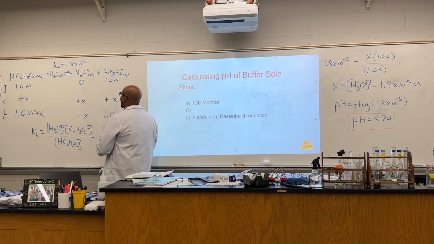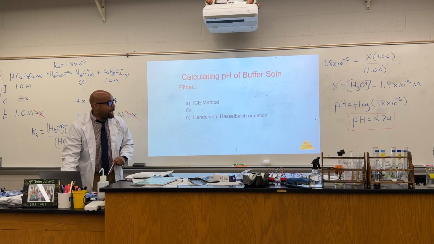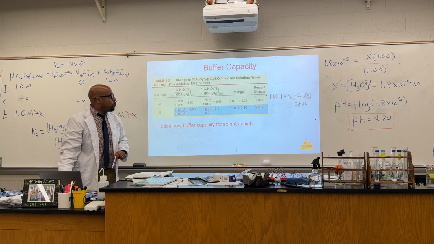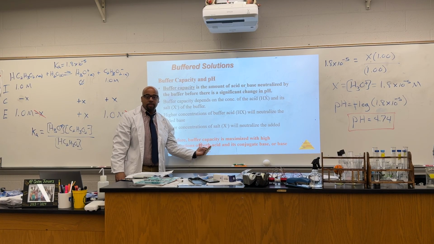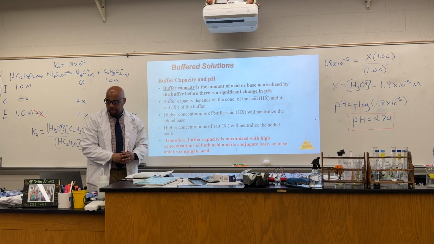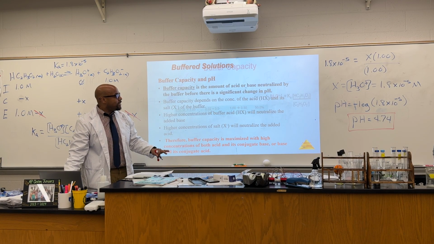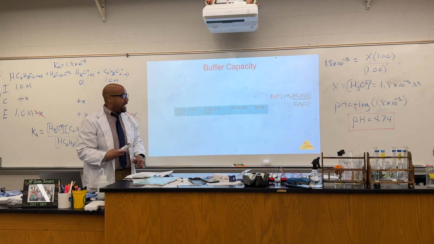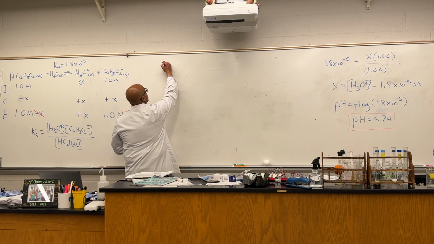One of the things you're going to see for these buffer solutions is that I just told you we're always going to shoot for really high capacities. Because we're going to shoot for really high initial concentrations of the weak acid and its conjugate base, something cool is going to play out here. The way I'm going to demonstrate this is with a generic acid.